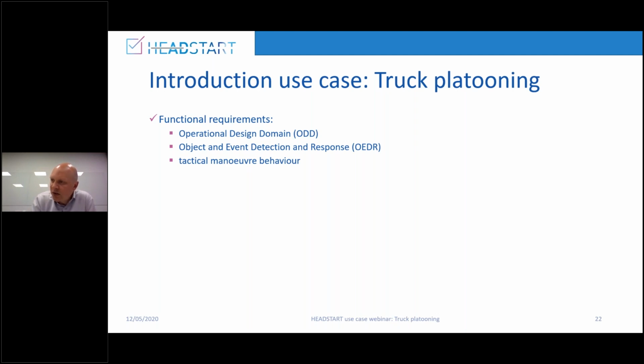Those are key components that determine the use case, and in this particular case, of course, the truck platooning, but they are also needed to define which exact scenarios you need and you want to test.